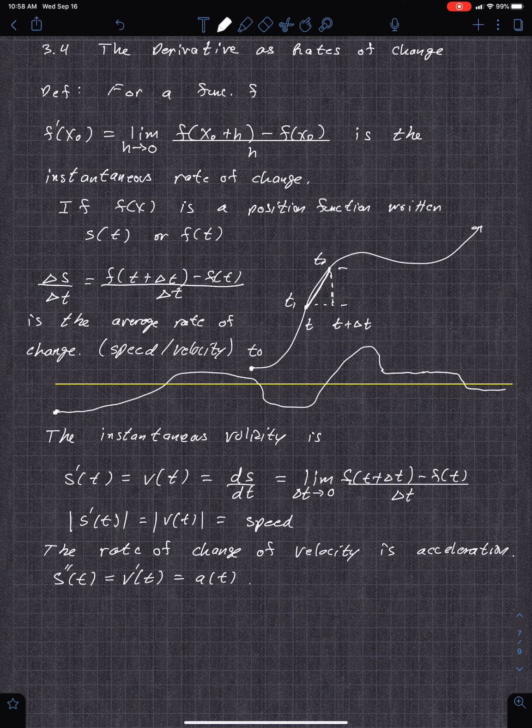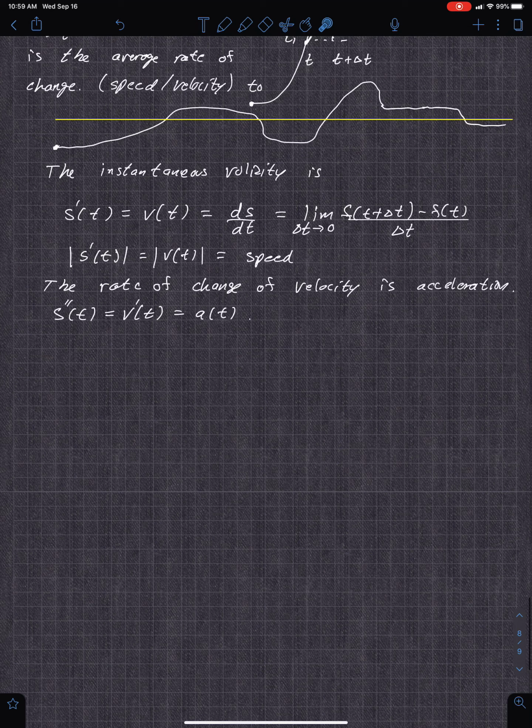You just need to know if you're given a position function, s, or f of t, then its derivative is velocity. Its second derivative is acceleration. Okay, that's what you need. So let me highlight right here. Position function, abbreviate s of t.